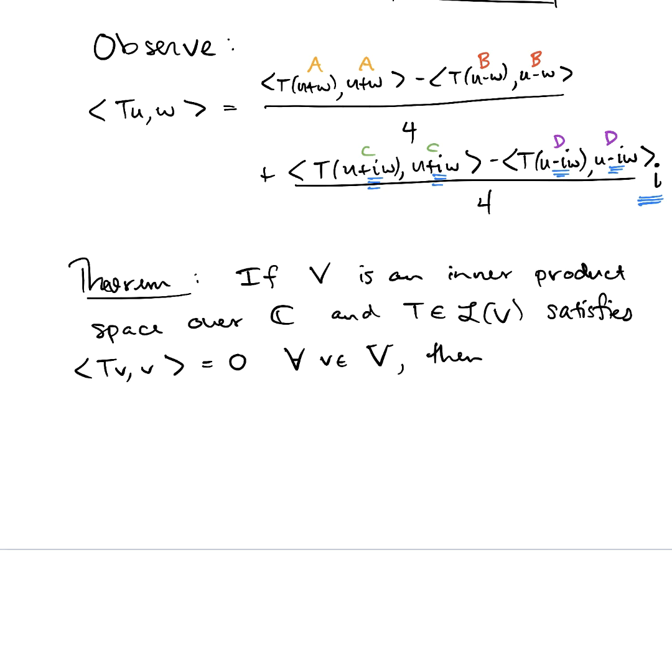It's the only one that can possibly have this property. Okay, so let's think about why that is true.